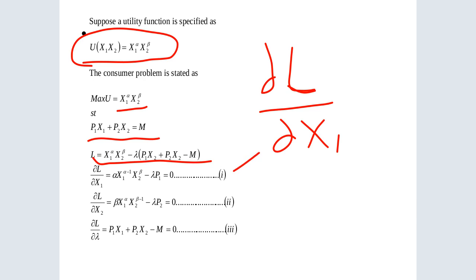Then you also get the first order condition for commodity 2. So you also get this equation. Then you also do that with respect to lambda. This gives you the budget constraint, which you equate to 0.